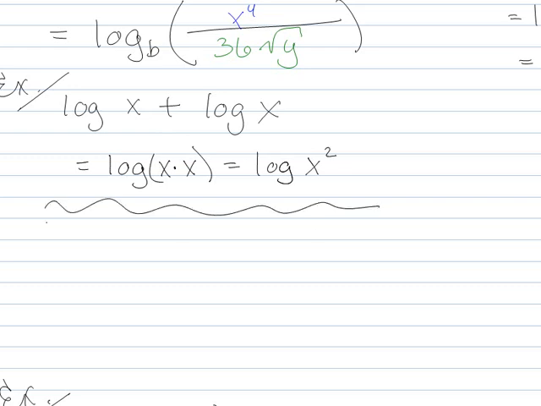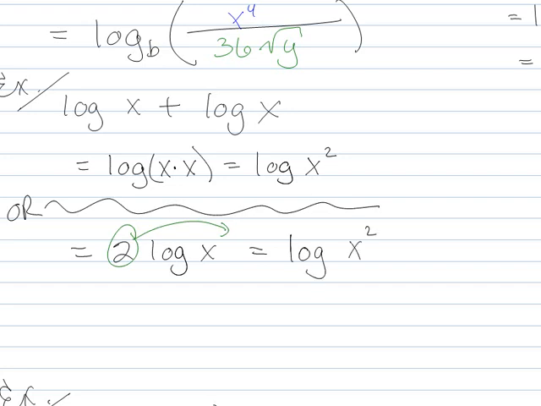Or you might say, if I have one log of x plus another log of x, that means I've got two log of x's, and then I can move my power up back to the top and get log of x squared. So there's actually two different ways to solve that problem. Either way is completely legitimate.